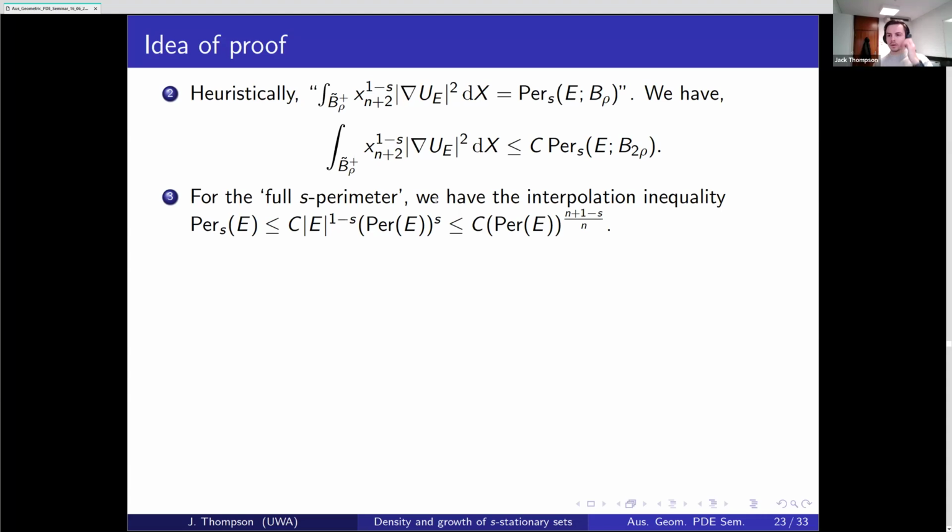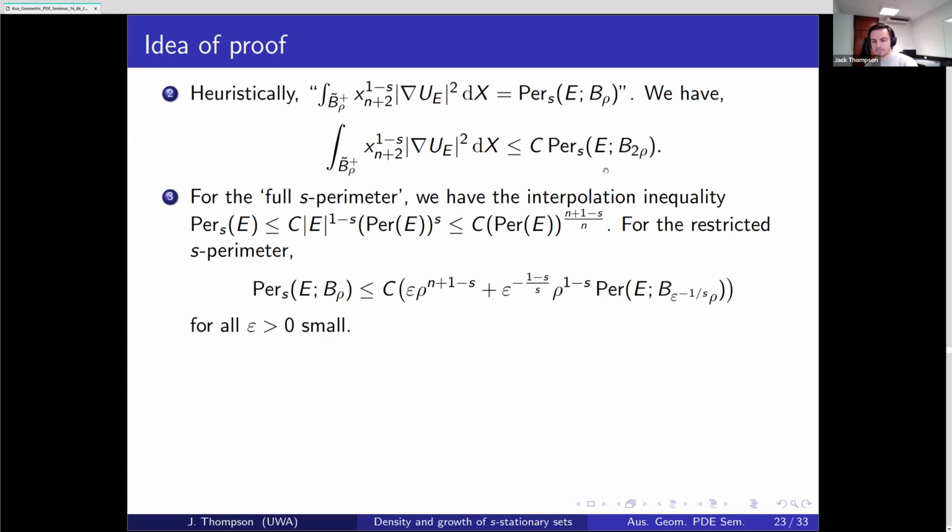Now, what's the idea? Well, this is the restricted perimeter, but let's say it was the full perimeter. Then there's an isoperimetric inequality, which tells me that the S-perimeter is less than the classical perimeter. Now, this is the restricted perimeter, so it's not exactly the same, but the idea is the same.